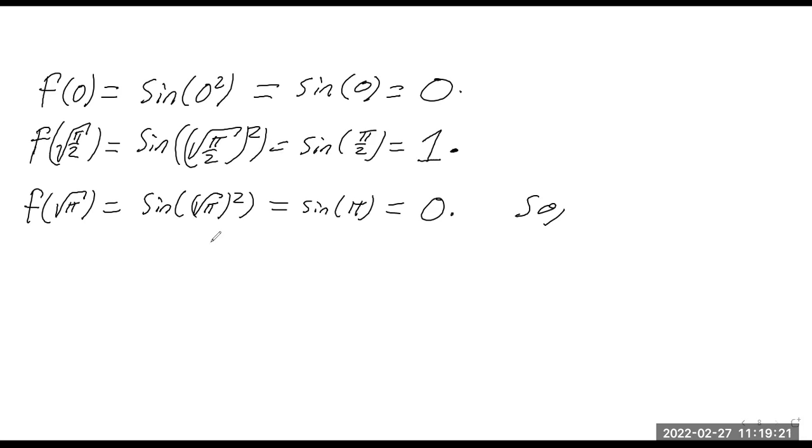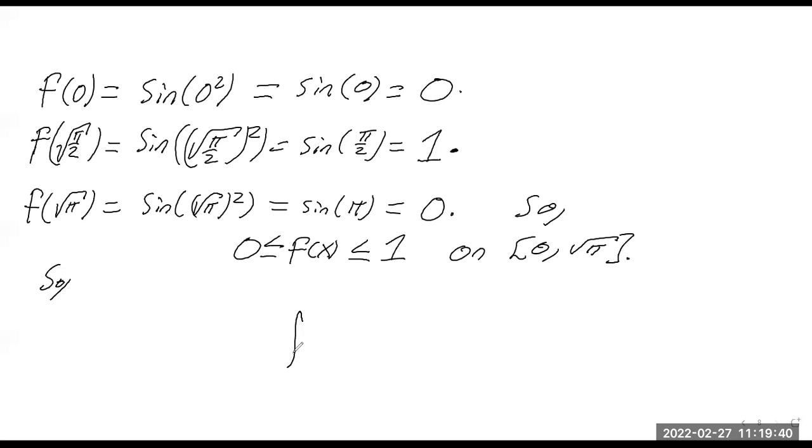So f of x, which is sine of x squared, is in between 0 and 1 on the interval 0 to the square root of pi.